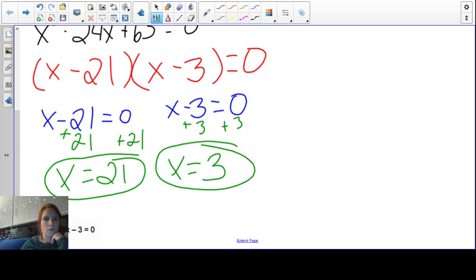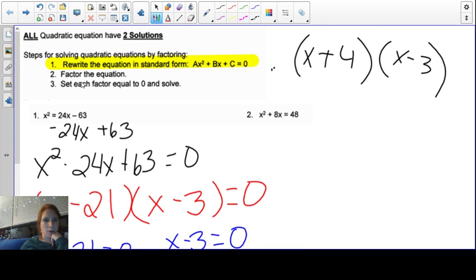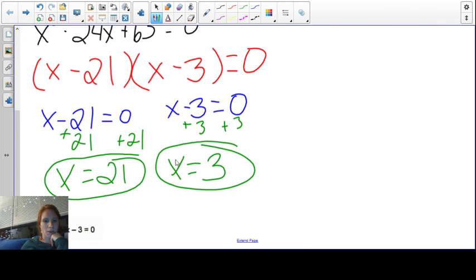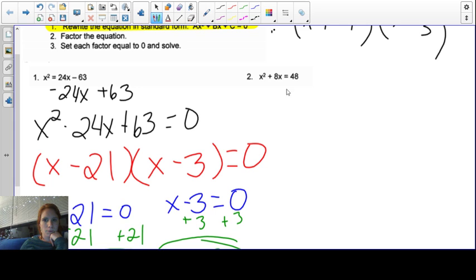So in all of these today, we're going to have two x values. Just like we had two sets of parentheses, we're going to have two x's. Let me scoot that over just a smidge so I have more writing room. So first things first, get everything equal to 0. I have my x squared over here.